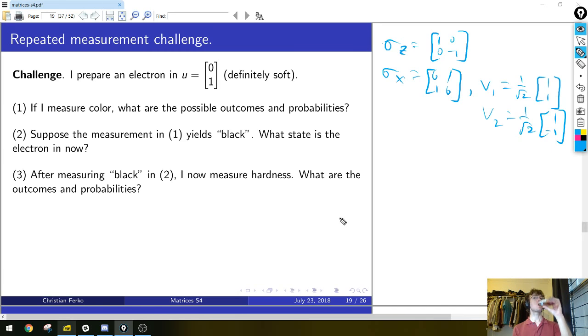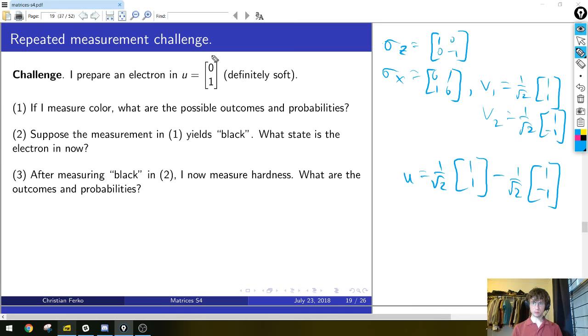So the possible outcomes and probabilities are going to be a 50-50 mix of 1 over root 2 times the vector 1, 1, and the other 50% is going to be 1 over root 2 times 1, negative 1. Good, although we should say it's 1 over root 2, 1, 1, then minus 1 over root 2, 1 minus 1, right?